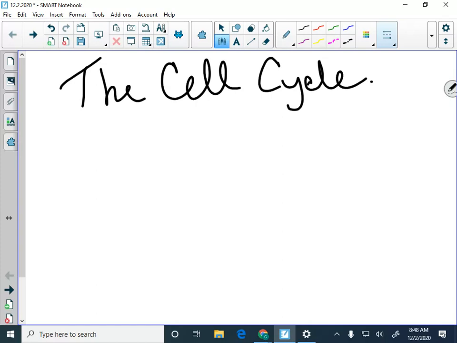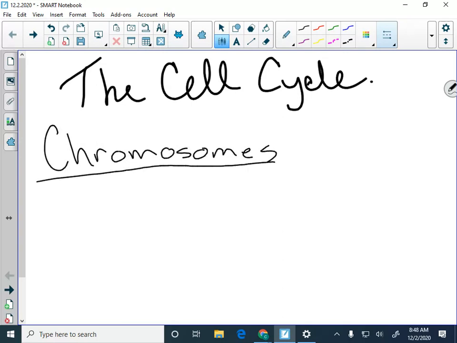But before we can get into what that cell cycle looks like, we have to talk about chromosomes. Chromosomes are a very, very important part of the cell cycle, because we have to be able to duplicate our genetic information in order for genetic information to be passed from one cell to another.